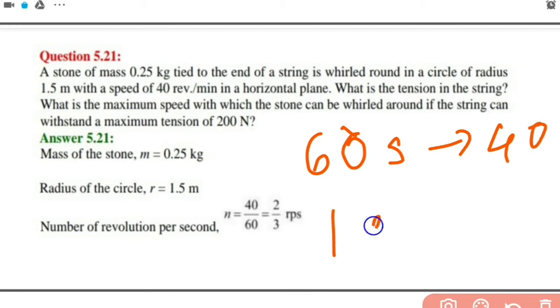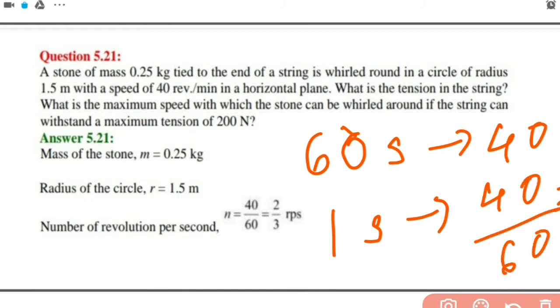So how many revolutions are there in 1 second? That is 40 by 60, that is 2 by 3. So that is the frequency. Here frequency is represented by the letter n. So frequency is 2 by 3 rotations per second, which we can say is hertz.